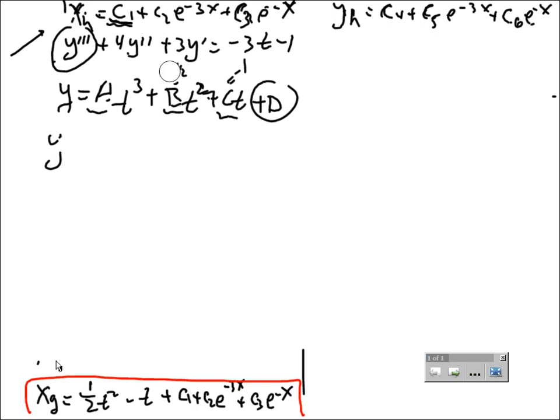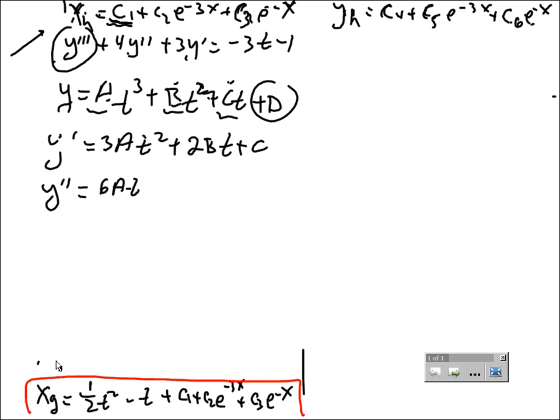let's get rid of these old answers. The first derivative is going to be 3at squared plus 2bt plus c. And the second derivative will be 6at plus 2b. And here is the third derivative. So I have the third derivative. Put it right there.